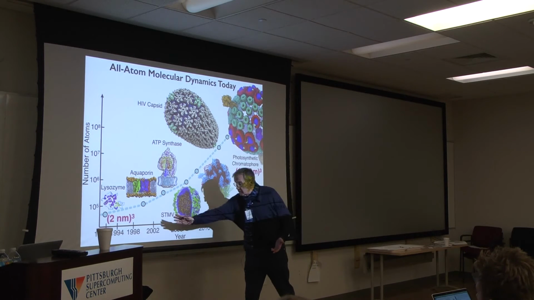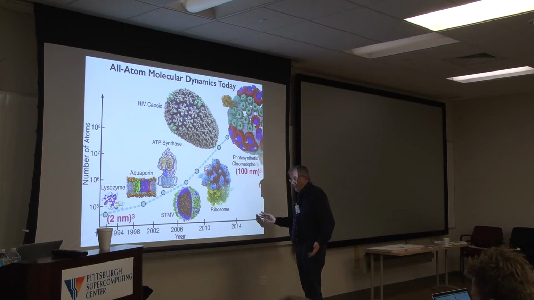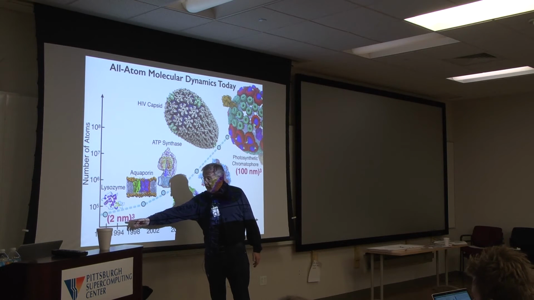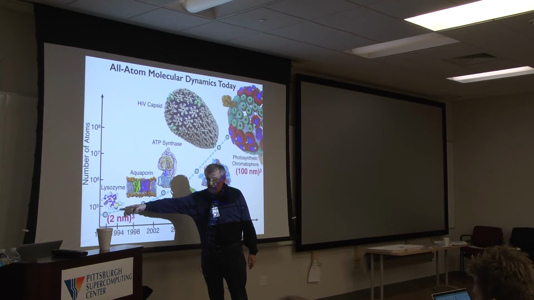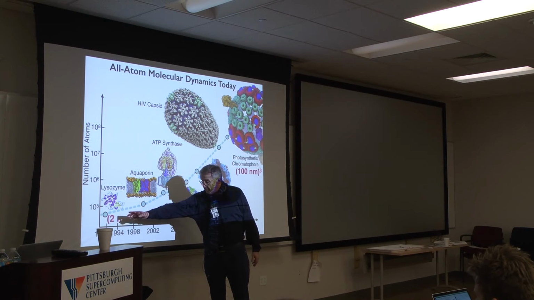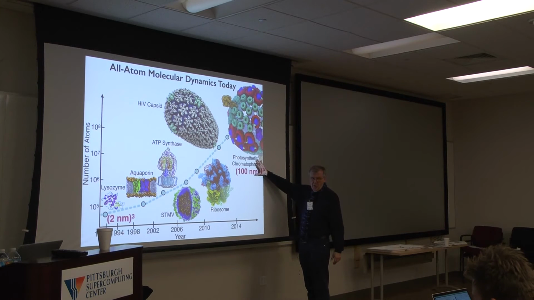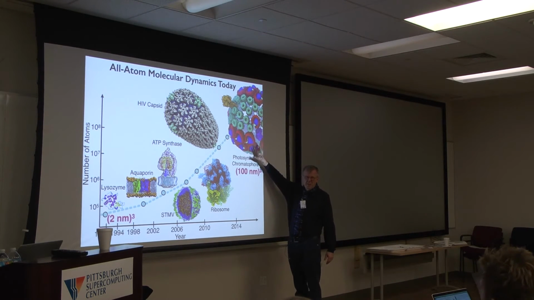Okay, so both of these increase their sizes. In this volume, 2 nanometer cubes, you have about 10,000 atoms, like a protein lysozyme solvated in water. And here, you have an entire small organelle, namely this photosynthetic chromatophore. I think I've shown it briefly, that has 100 million atoms in this volume.